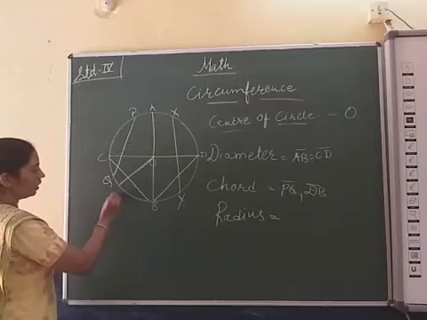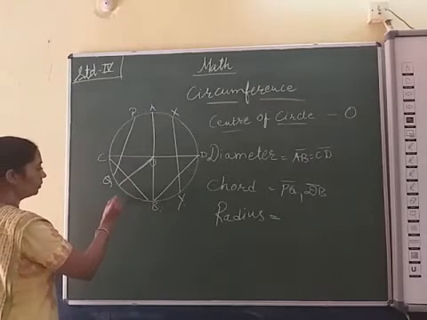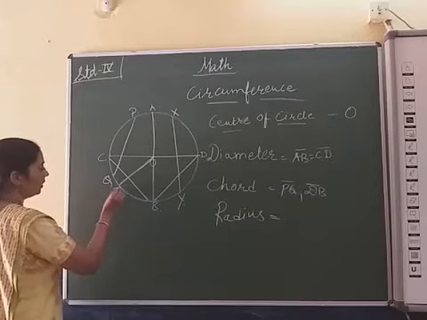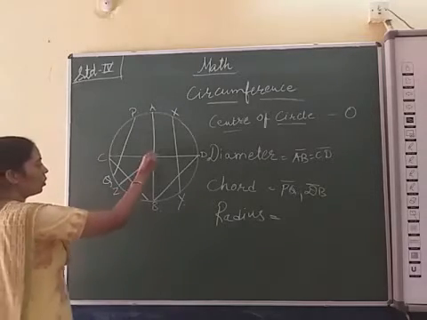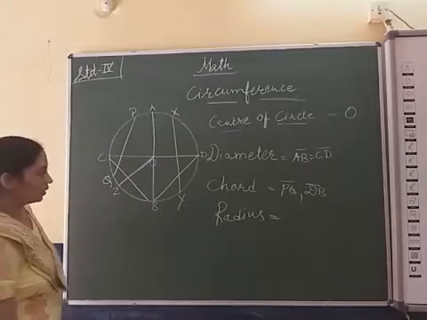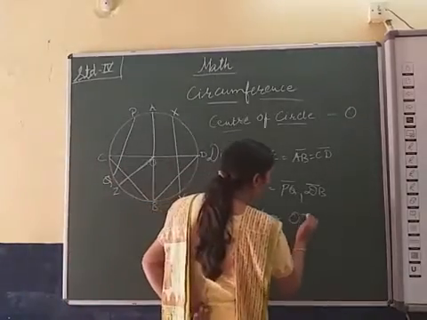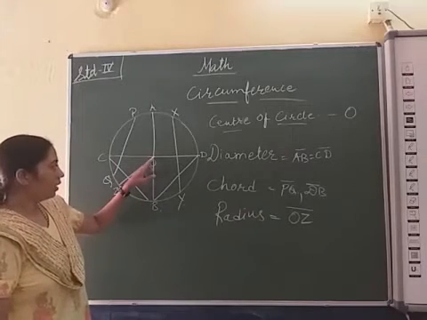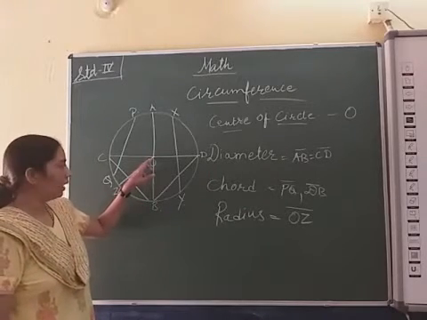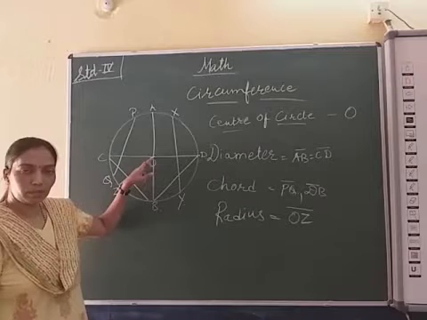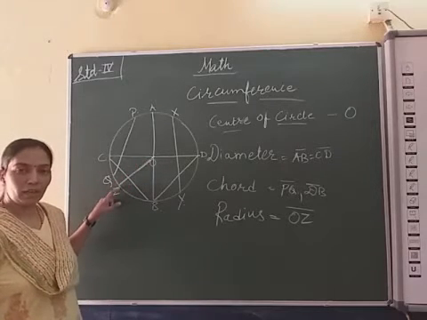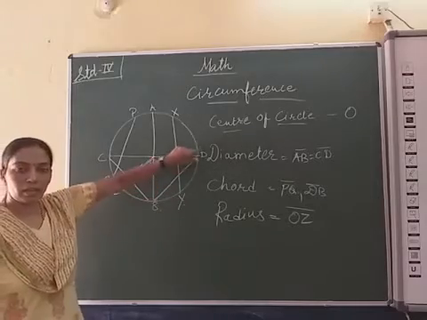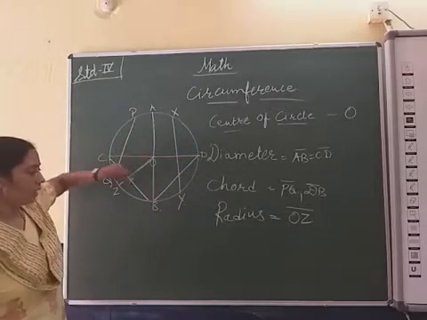Here we give the name Z. So OZ is the radius. The line segment starting from the center and ending on any point of the circle is a radius.